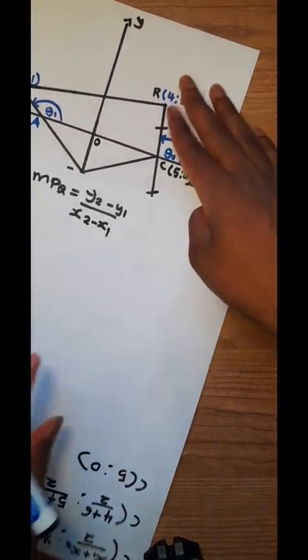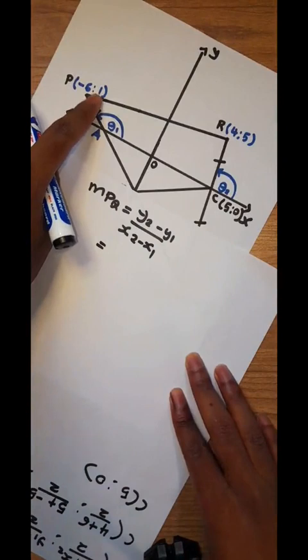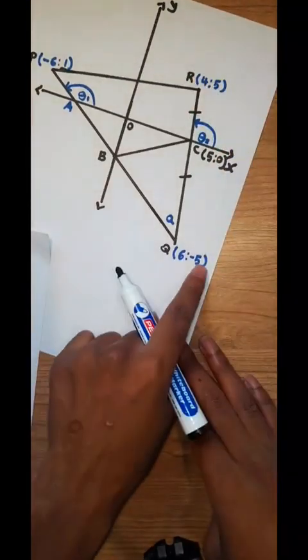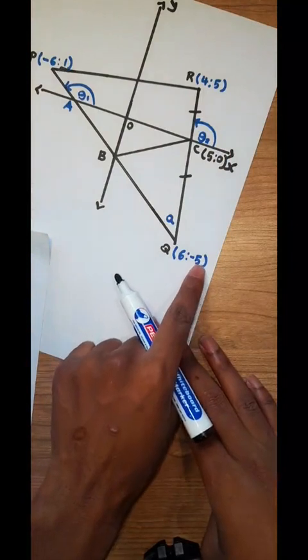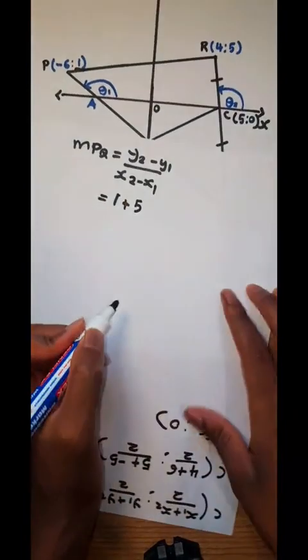Let this one be y2, it's 1, minus y1, which is plus 5 because the negatives cancel one another.